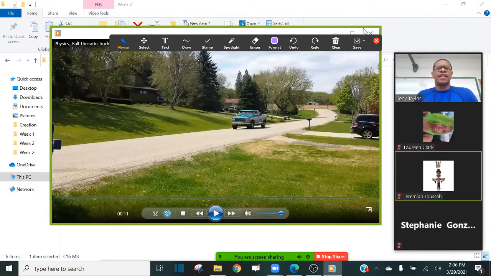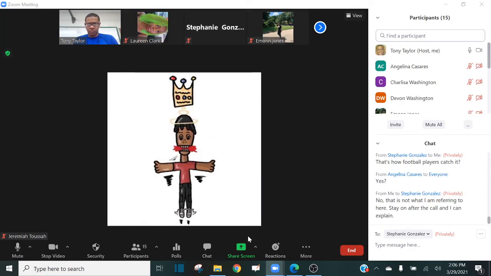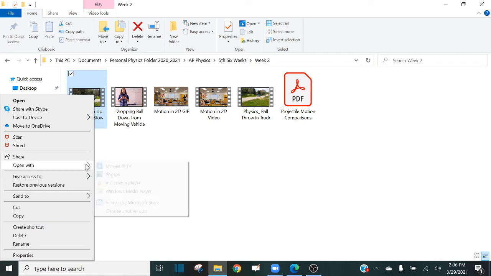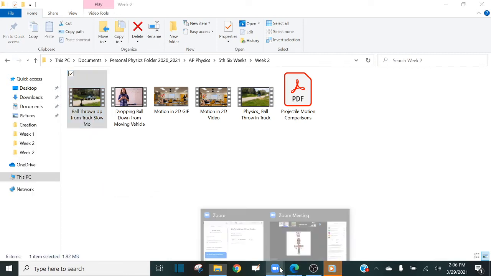Okay, let's look at that again in slow motion, because it always helps to look at things in slow motion to make sense of what I'm referring to.